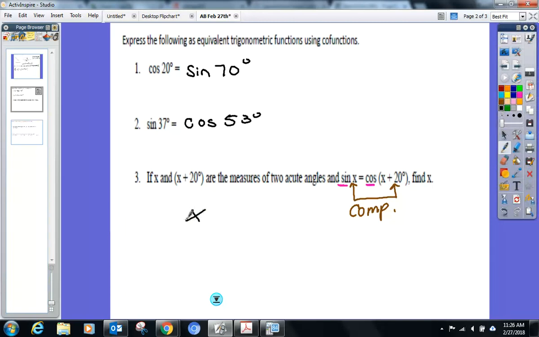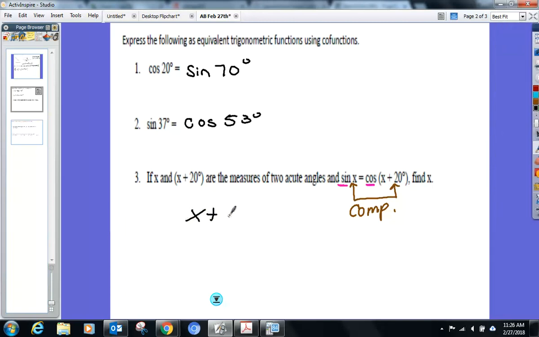X plus x plus 20 add to, complementary add to, 90. It's the only time sine and cosine are equal is when their angles are complementary.